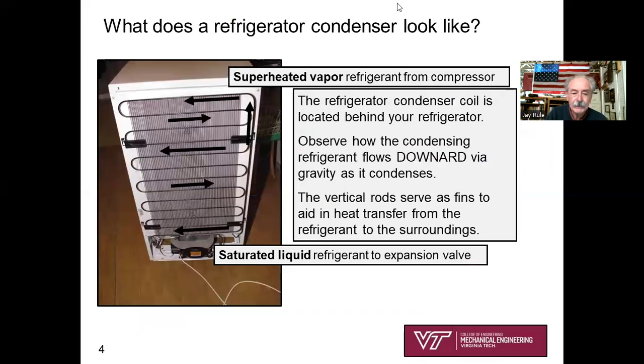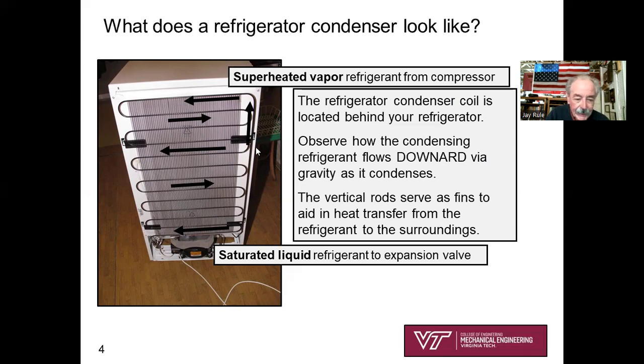All right, what does your refrigerator condenser look like? If you pull your refrigerator out into the middle of the room, you can visually see the condenser of your refrigerator. It is this one serpentine tube, where the refrigerant is coming in really hot as superheated vapor.